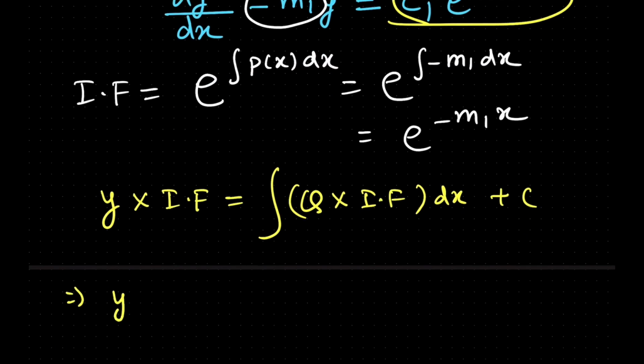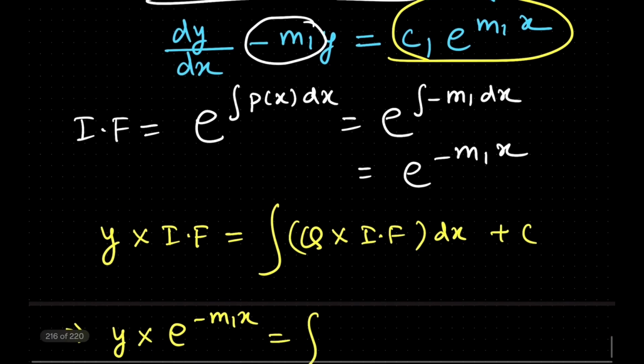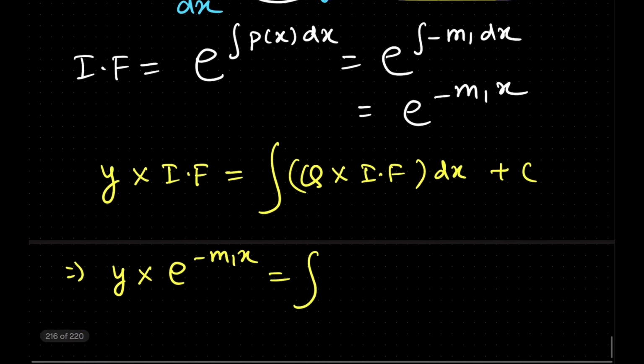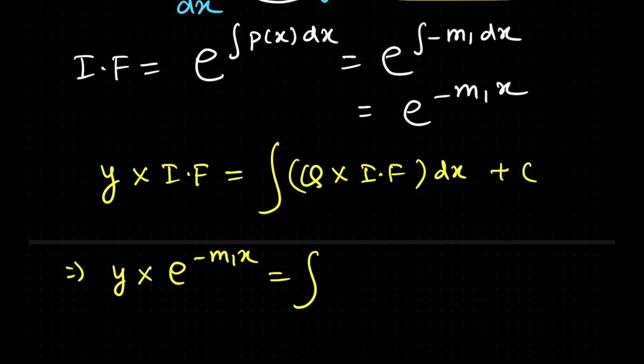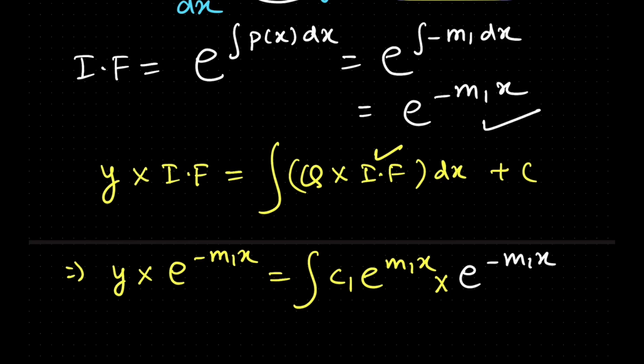So we will write y into integrating factor, which is e to the power of minus m1 x, then Q is c1 into e to the power of m1 x, into the integrating factor. What is our integrating factor? It is this one, e to the power of minus m1 x, dx plus c2. You can see this and this will get cancelled, you will get 1.